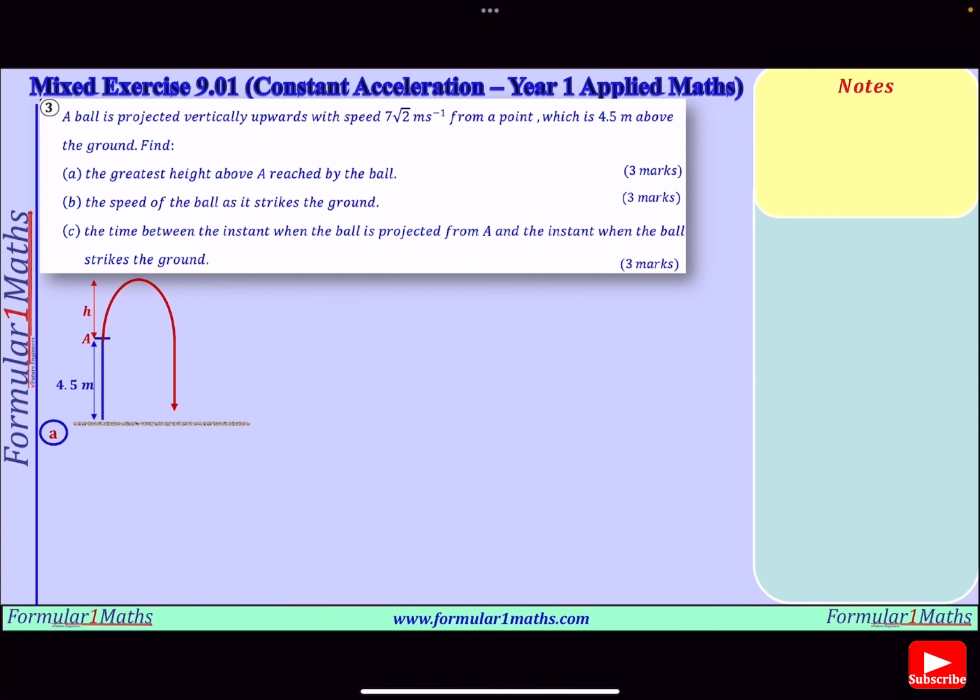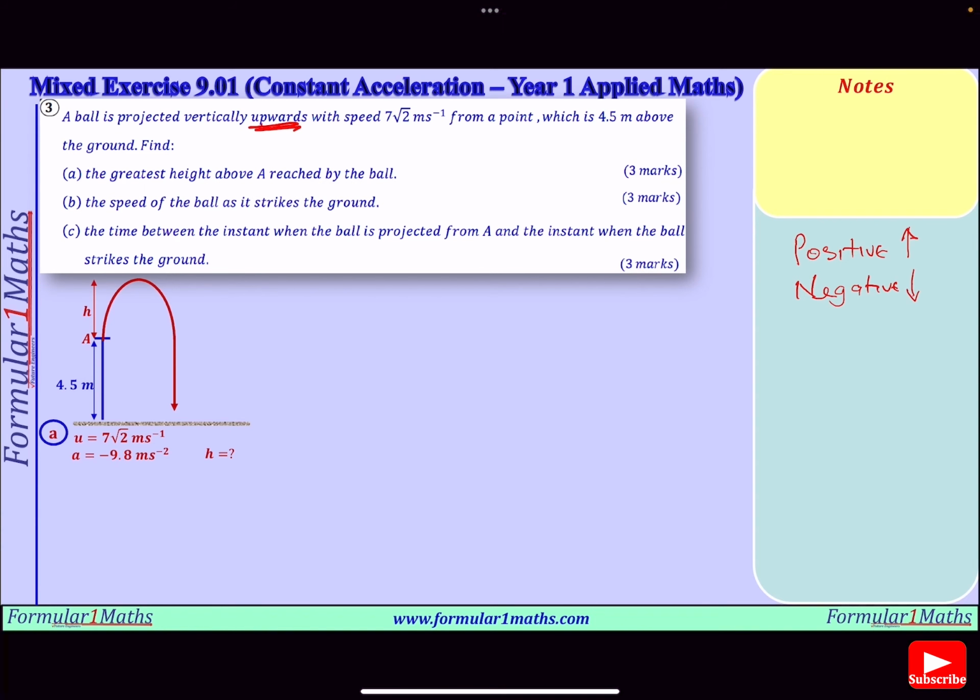So in all my calculation, positive direction will be upward, and downward direction will be negative. So for A, the ball is projected vertically upwards, and that means our initial velocity will be positive. Acceleration due to gravity is always acting downwards, so that will be negative 9.8 meters per second squared.